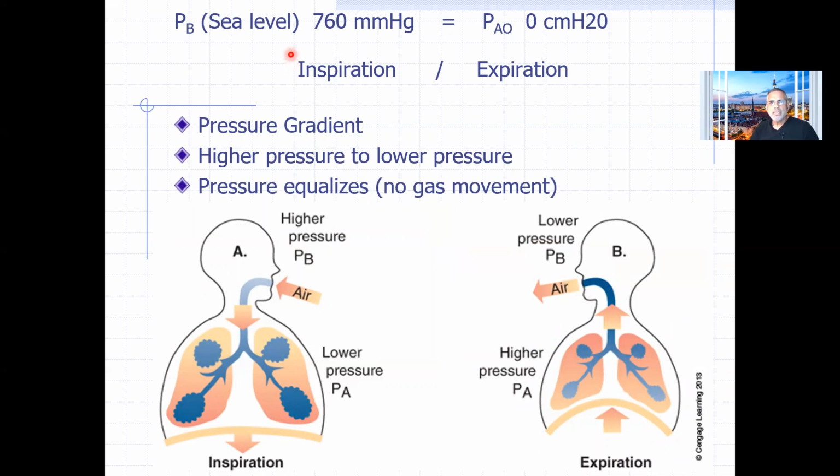Now, as we look at breathing, this graphic here gives us a view of inspiration, and that's this graphic on the left, and expiration, this is the graphic on the right. Now, as we're looking at pressures, what is our baseline?